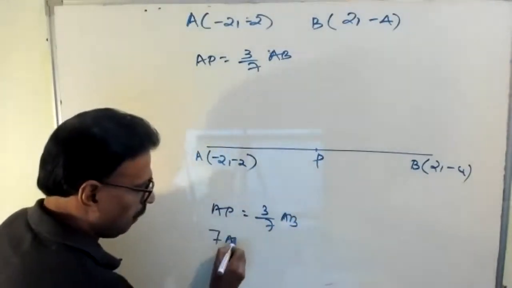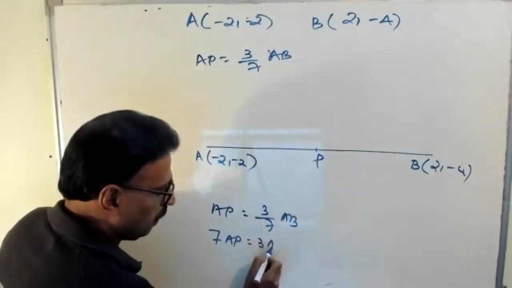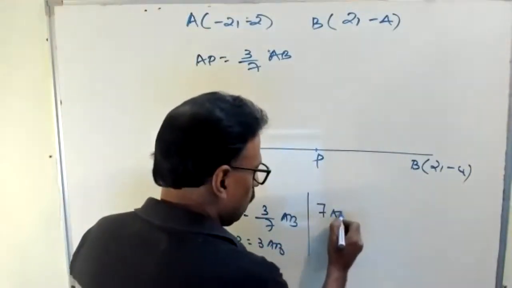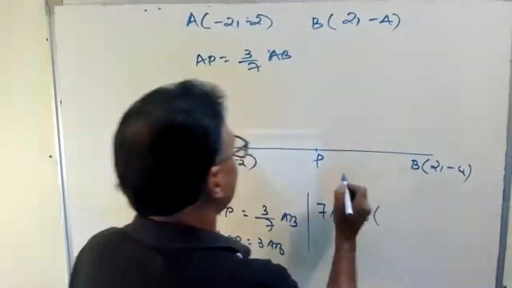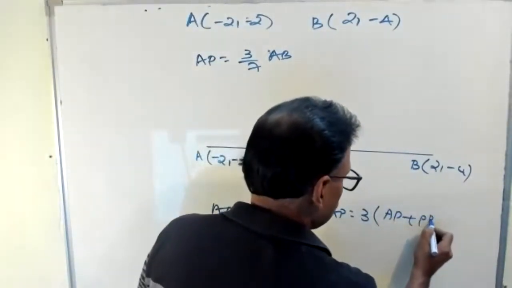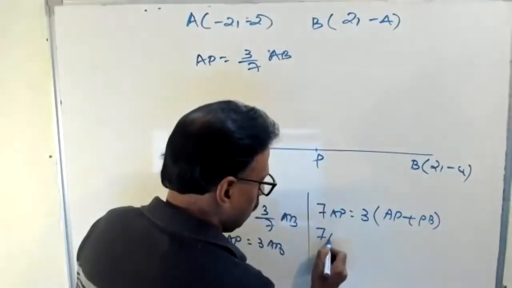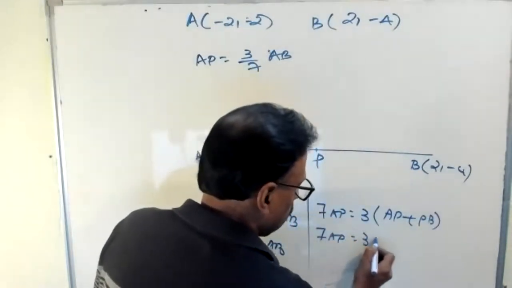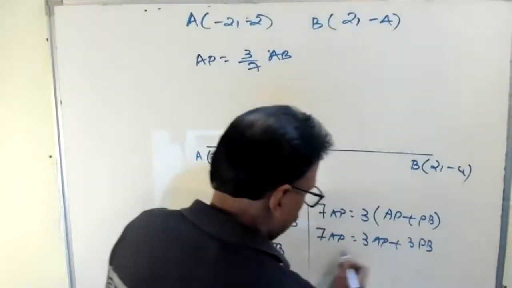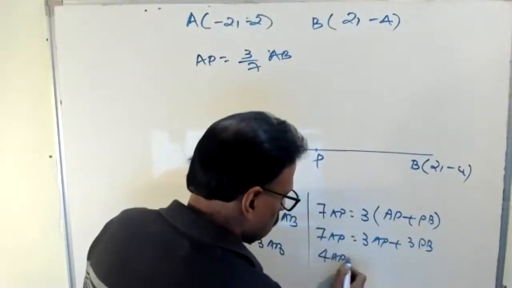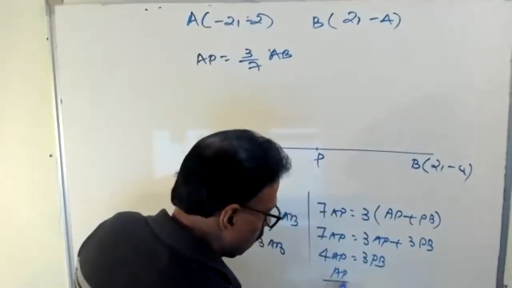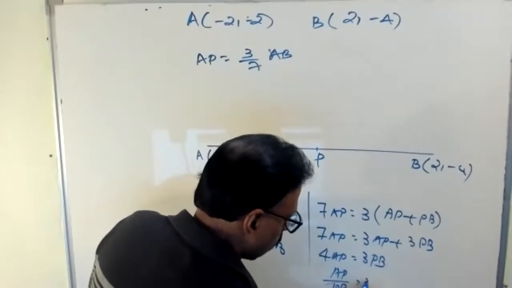So 7 AP equal to 3 AB, that is 7 AP equal to 3 times (AP plus PB). 7 AP equal to 3 AP plus 3 PB. So 4 AP equal to 3 PB. So AP divided by PB equal to 3/4.